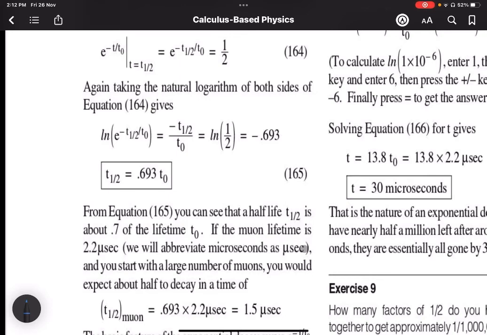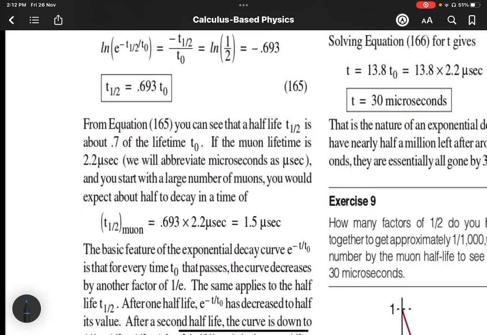So microsecond. When you start with a large number of muons, you would expect about half to decay in a time of, ito yung ating factor ng half-life, 0.693 times the 2.2 microsecond ni muon. So it will give us 1.5 microsecond half-life ng muon.